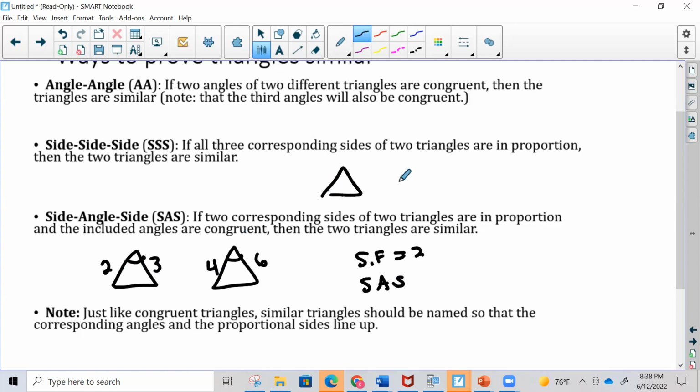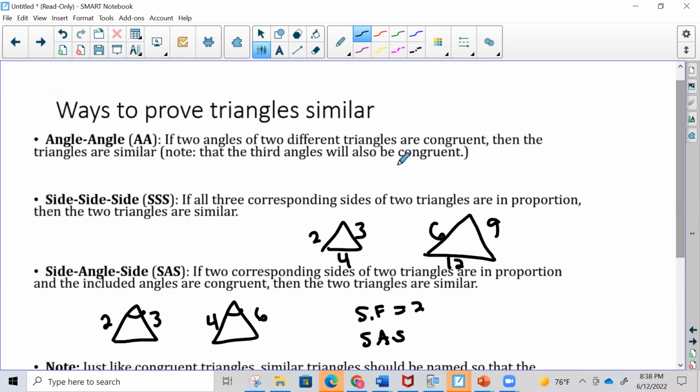Okay, so side would look like what we had. So if I have 2, 3, 4, like all of these would be double or triple. So let's say they're all triple. 2 times 3 is 6, 3 times 3 is 9, 4 times 3 is 12. And these would be 2 similar triangles by side. And then angle is just, again, 2 pairs of angles marked congruent.